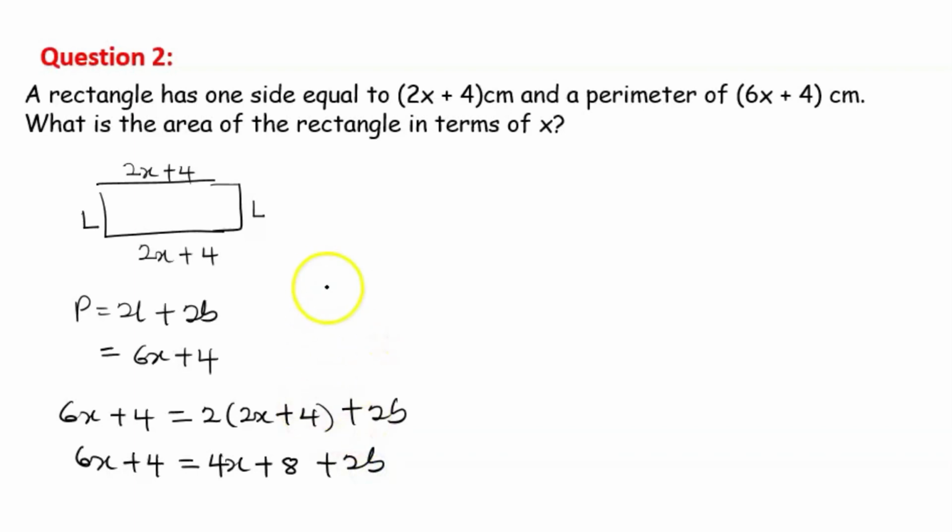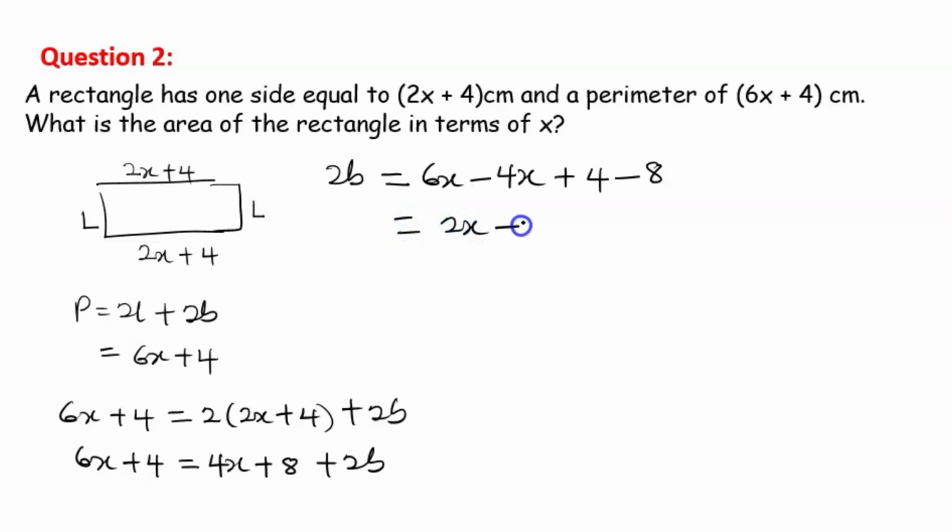So I want to make 2b the subject. I want every other thing to move to this side. So I have 6x minus 4x, collecting the like terms at the same time, then I have 4 minus 8. So when we do this, we are going to have 2x minus 4 is equals to 2b.